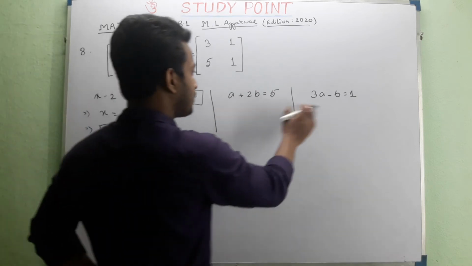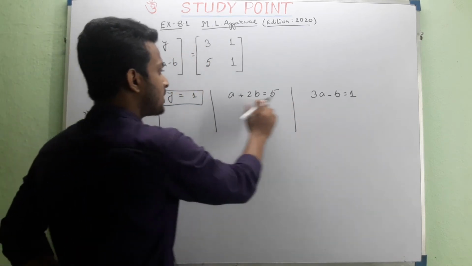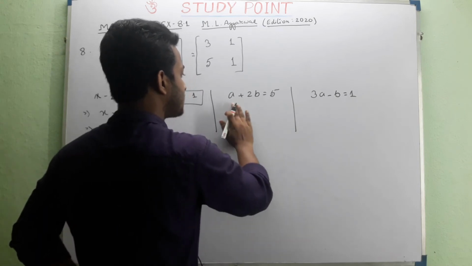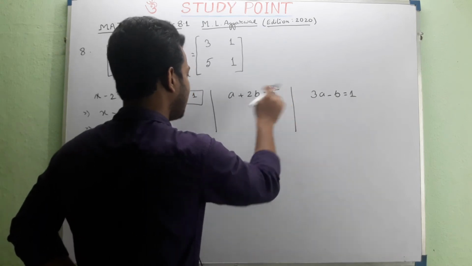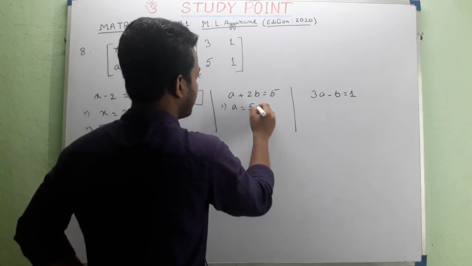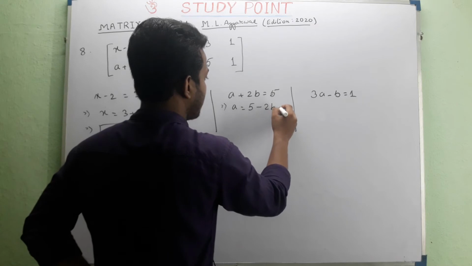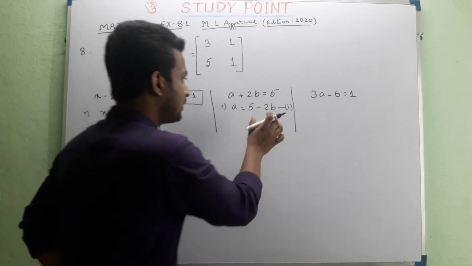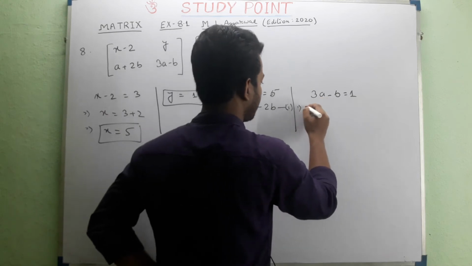But for these two equations you see each equation contains two variables. So we have to solve these two equations simultaneously to get the values of a and b. From here we can write a is equals to 5 minus 2b, and write this as equation number 1. Now put the value of a over here.